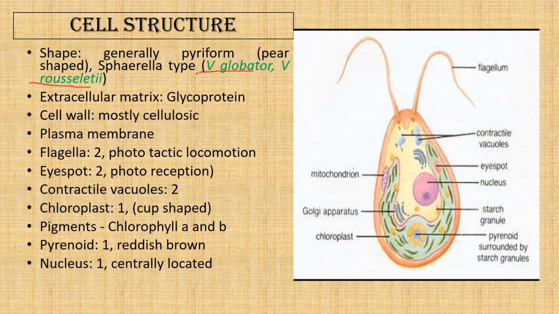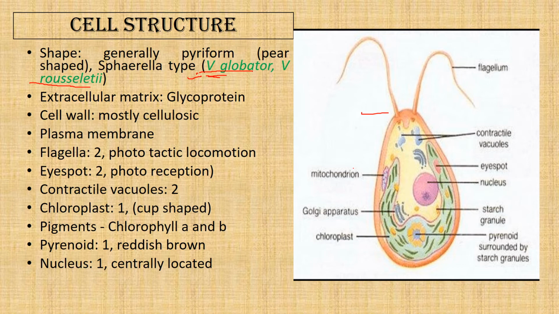Generally the cells are pyriform, as shown in the diagram, that is pear shaped, just like the cells of Chlamydomonas. Except these two species, all the cells are like Chlamydomonas.